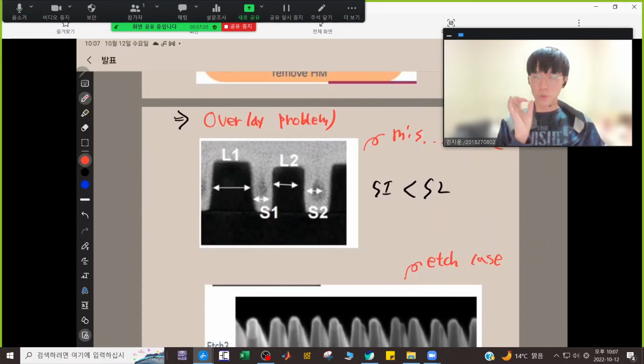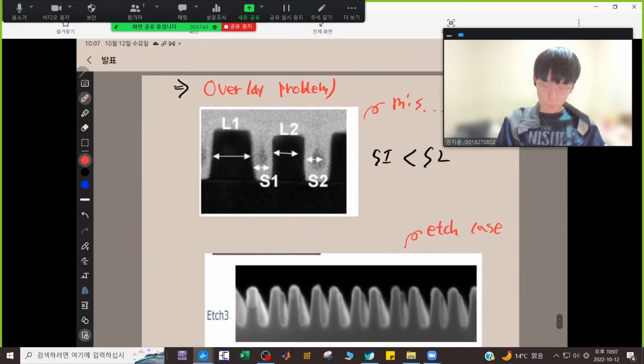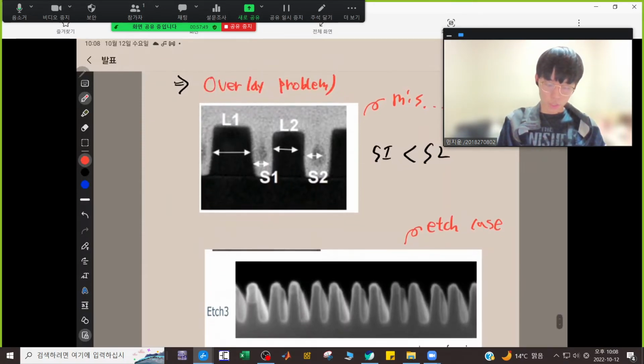In the photolithography process, if we have a mask misalignment, then the pattern also has a misalignment. So this means that the distance between pattern and pattern is unequal.